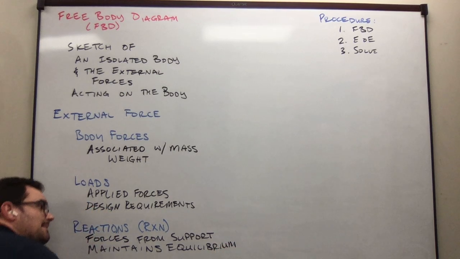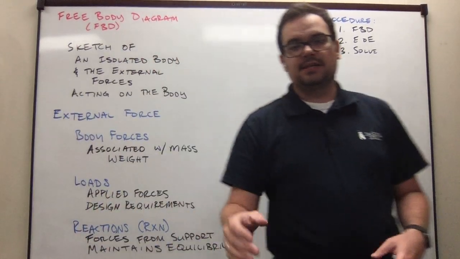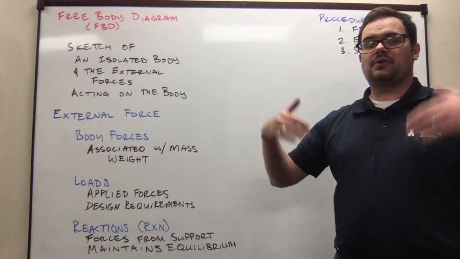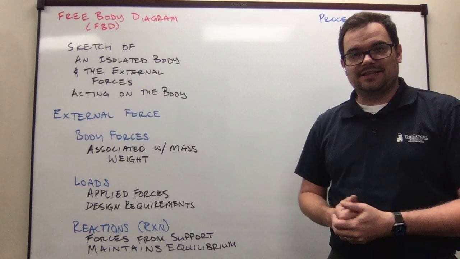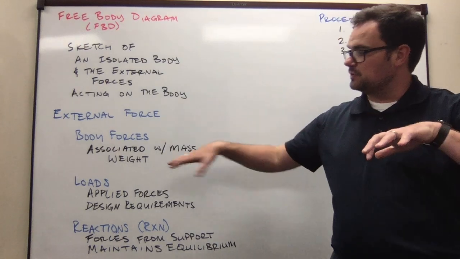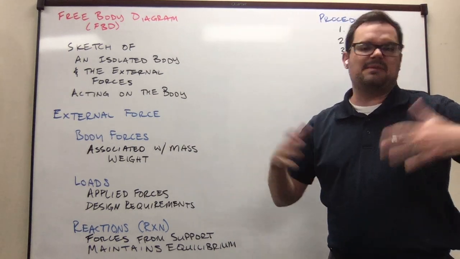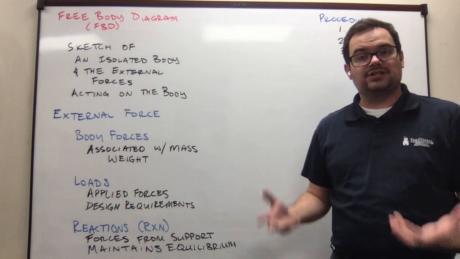So again, if we're thinking about that floor, we're going to have reactions coming from the beams or the columns or the foundations underneath the floor. And so those things are pushing back up as the body force, the weight, and whatever applied loads are pushing down. So loads typically gravity-based, push down, reactions push back up.